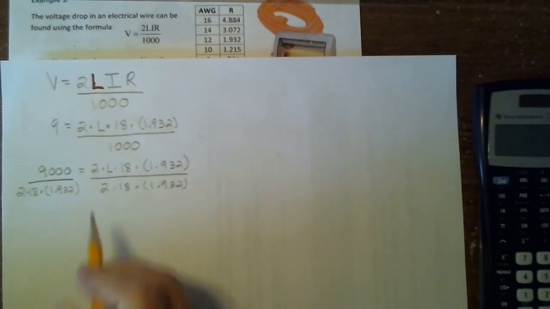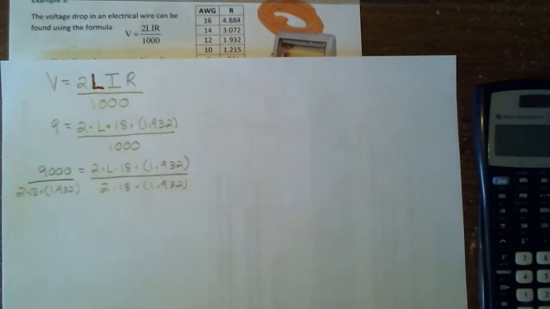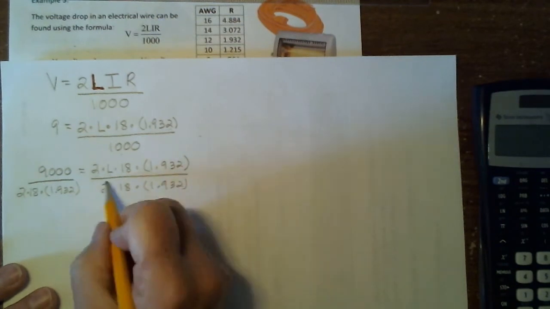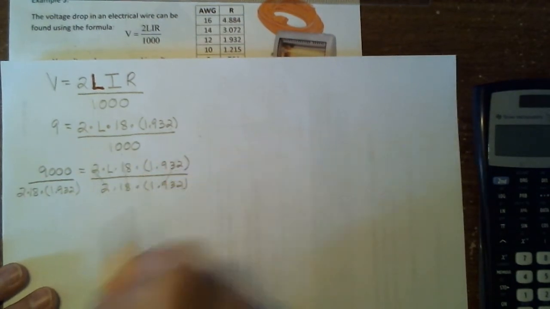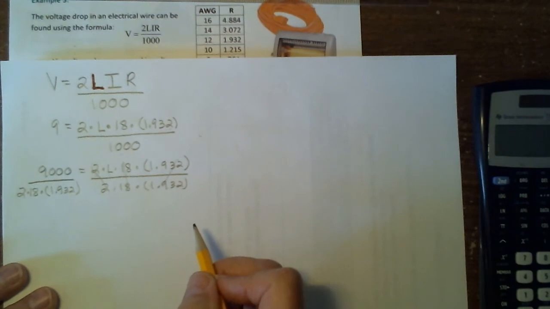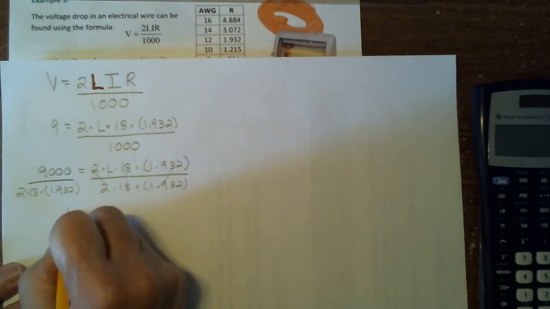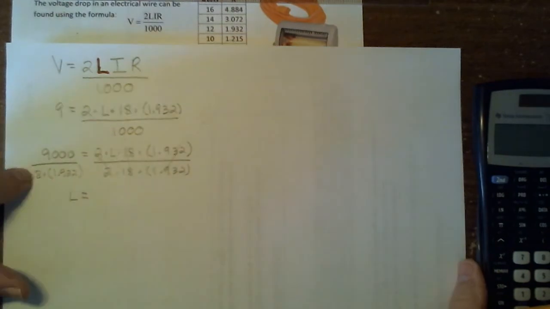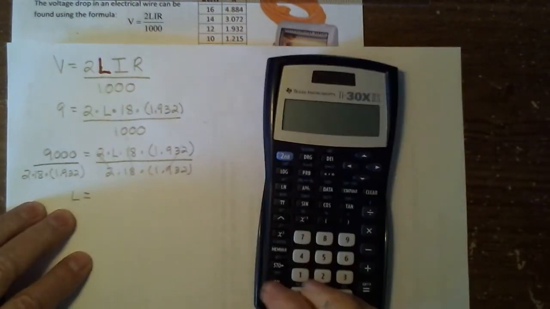So, Kathy, how come sometimes you show it and sometimes you don't? I don't know. It's kind of whatever seems to work. So these guys are gone, gone, gone. And I'm left with just L. I like that. And I'm going to put them on the left side.